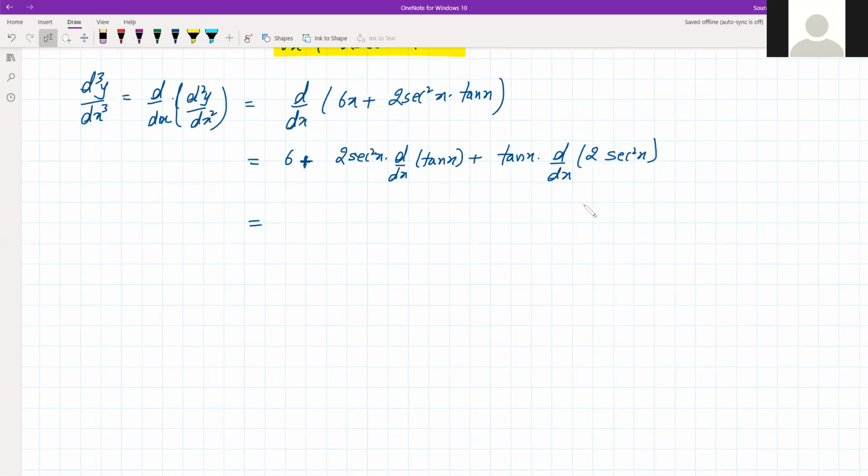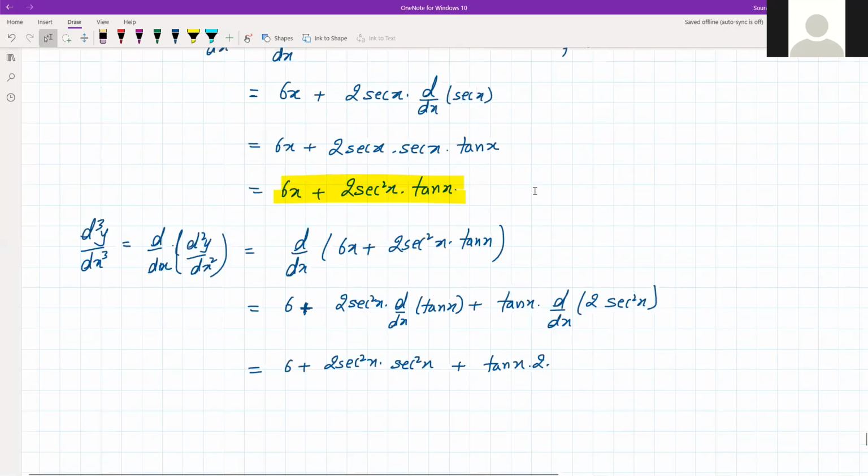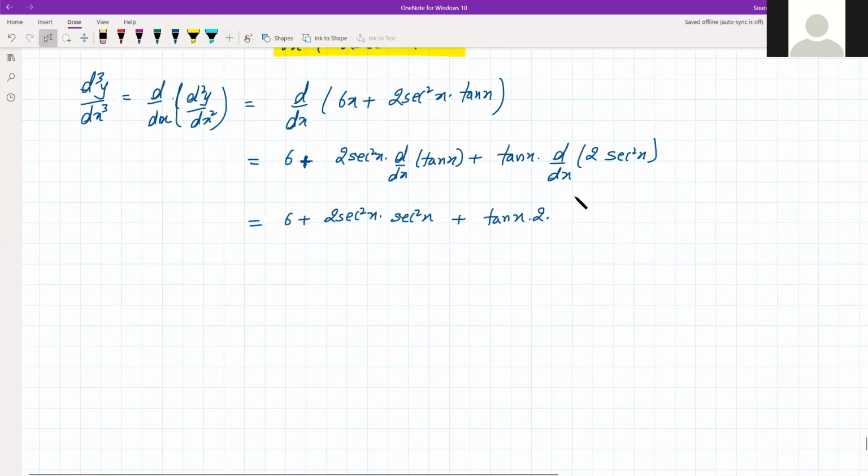So this will be 6 plus 2 secant square x into secant square x, plus tan x into 2 into the differentiation of secant square x. And the differentiation of secant square x, we haven't done yet. So that will be 2 secant x into secant x tan x.